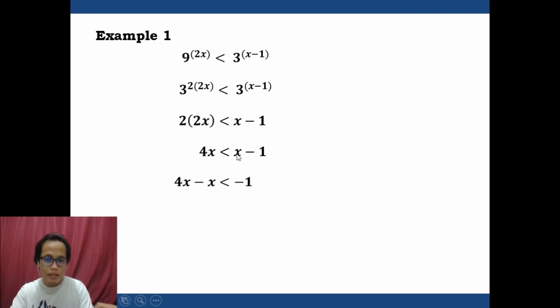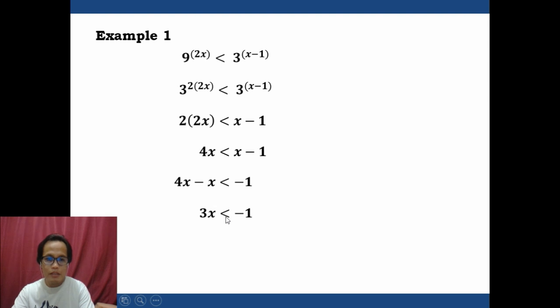Tangtang na ang x diha kay nag-subtraction property naman ta. Whatever you do to the left side is the same thing you need to do to the right side, and vice versa. So mahimo ni 4x minus x is 3x.